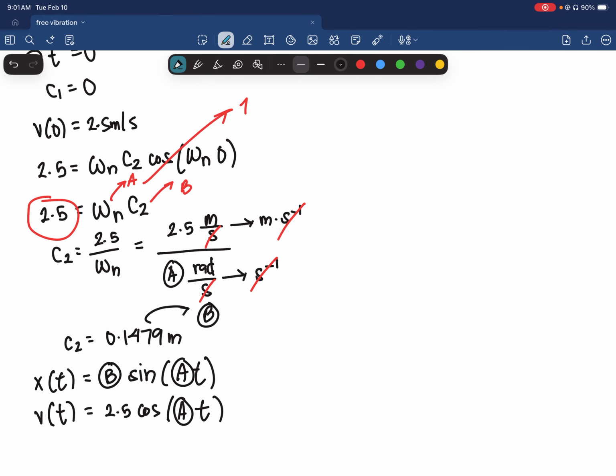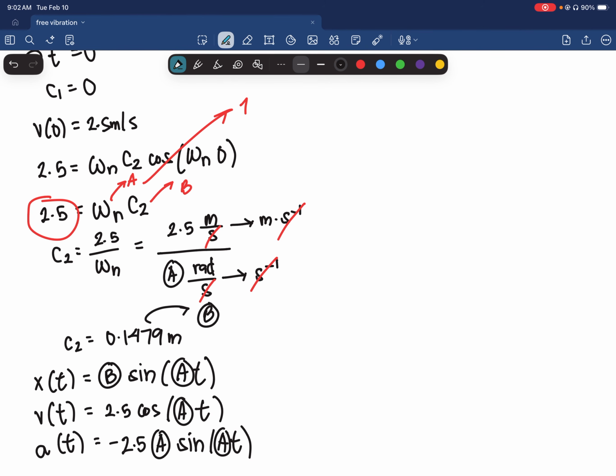Since negative, right. So, tama. And then, for acceleration, that is negative 2.5 A. Yan. Sine of At. Yan, ito yung equations na gamitin natin.